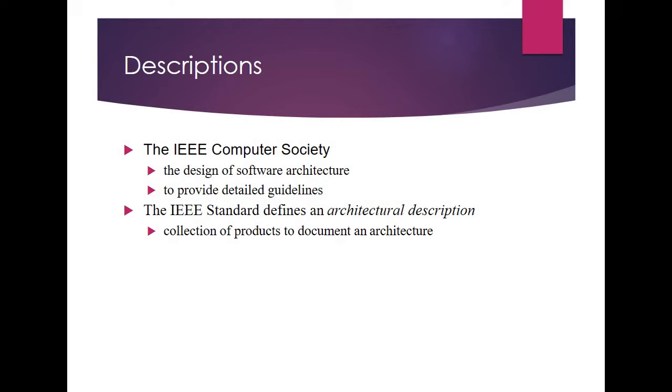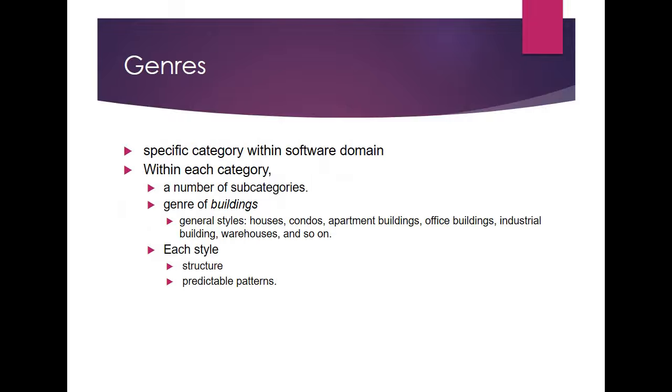These are the things mentioned by the IEEE Computer Society. The IEEE standard also describes the architecture in its own terms. There are different collections of products existing for architectural documentation, and different architecture journals are available.